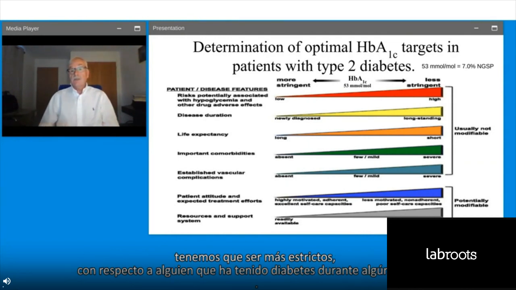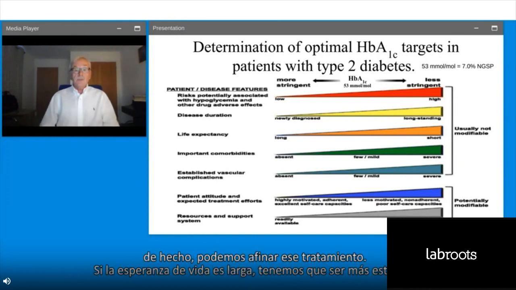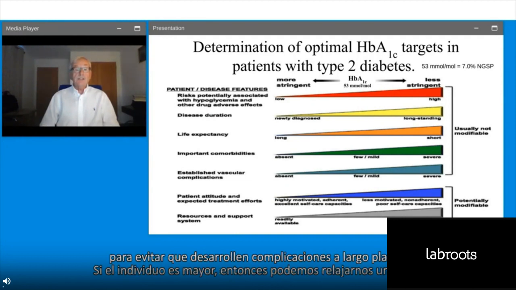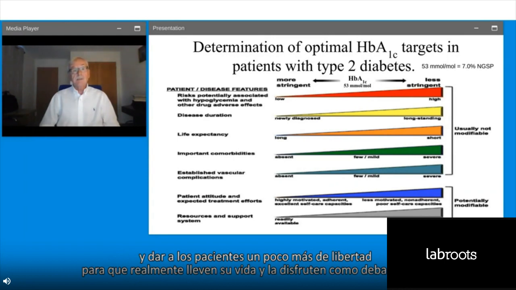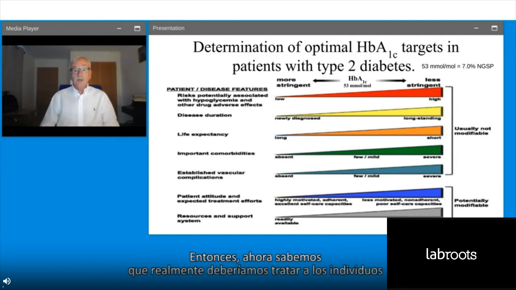Whereas somebody who has had diabetes for some time, we can actually then fine-tune that treatment. If life expectancy is long, we need to be more stringent so we stop them developing long-term complications. If the individual is old, then we can relax slightly and give the patient slightly more freedom to actually have their life and enjoy it as they should do. So we now know that we should actually be treating individuals with individualized diabetes control.